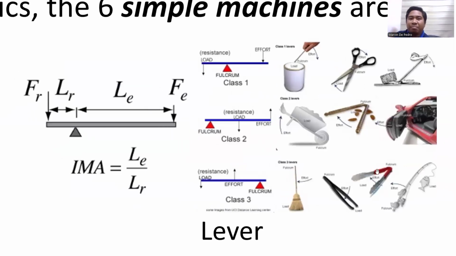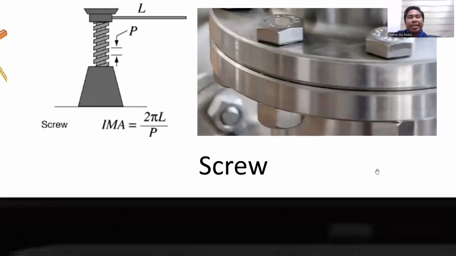Lever. We usually use levers in anything that has hinges or something being screwed. Scissors could be a simple example. In the context of robotics, of course, the grippers are an example of a lever machine. Next we have the screw.